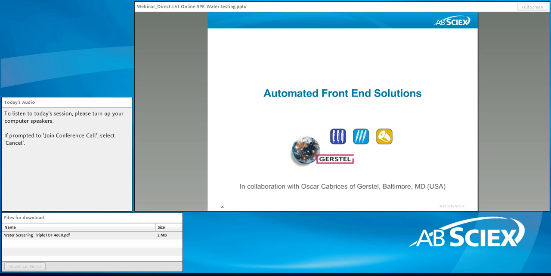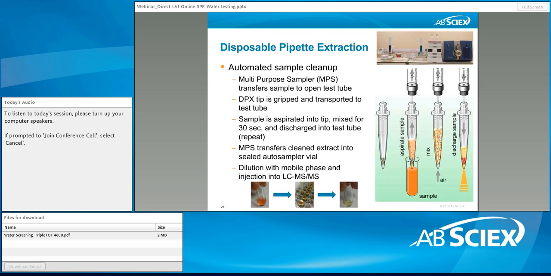A couple more examples now, looking into the front end of the mass spectrometer, and that's work I did together with Oscar Cabrices from Gerstel in the US. We played around with disposable pipette extraction, which is an automated way of very easily cleaning up the sample.